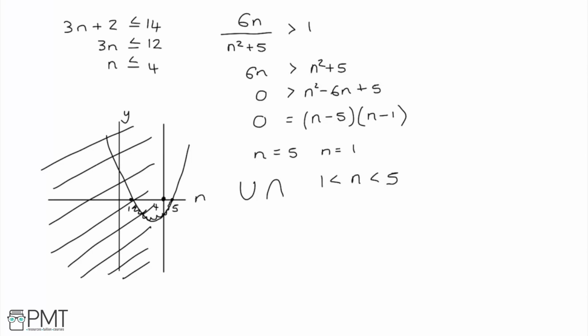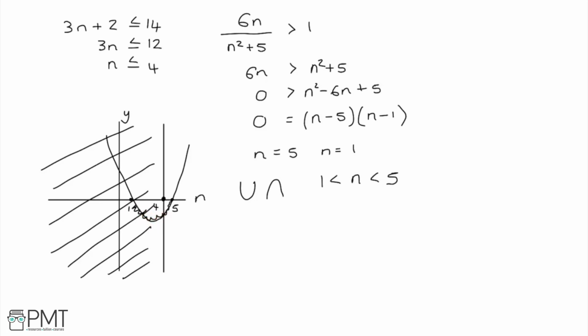So now we're looking for the points at which n satisfies both of these inequalities, so the points that sit on this line here but are also to the left of the line n equals 4. So that's going to be this part of the curve here.